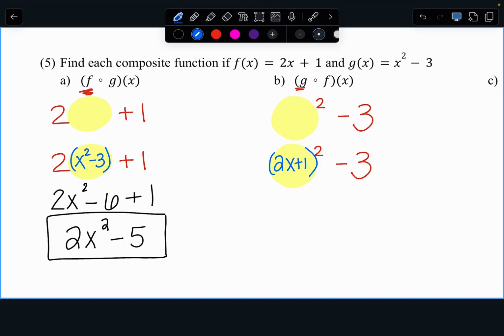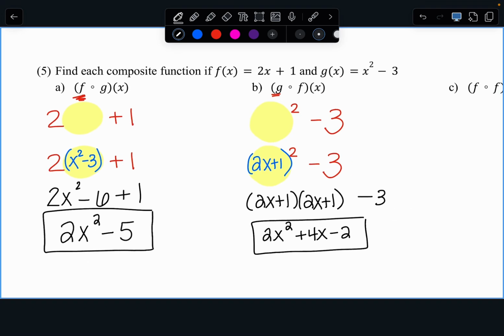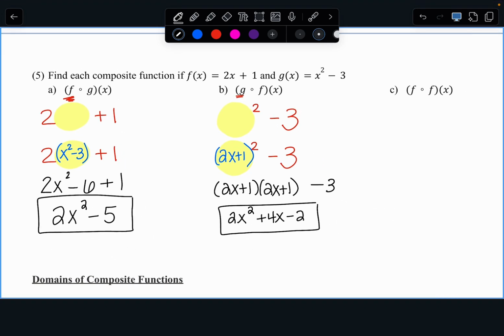Which means you're going to have to do 2x plus 1 times 2x plus 1, and then subtract 3 from your answer. Your final answer is 2x squared plus 4x minus 2. We're going to skip C, again just because of time purposes.